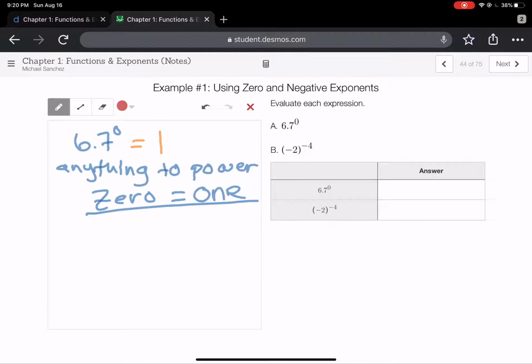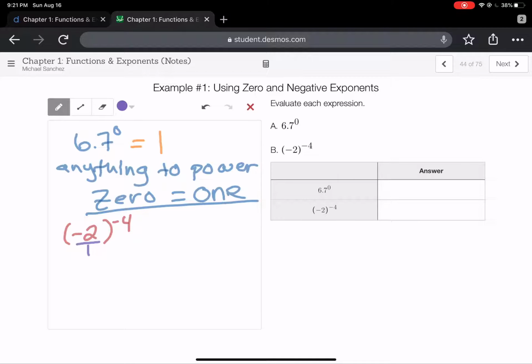Second rule, we have negative exponents. A negative exponent will reciprocate our number inside the parentheses. What that means is it basically flips whatever number is inside the parentheses. I'm going to put a 1 over this, because every whole number I could divide by 1 and make it a fraction.